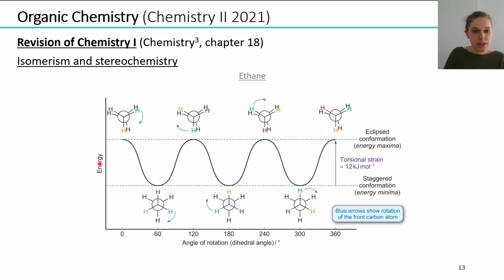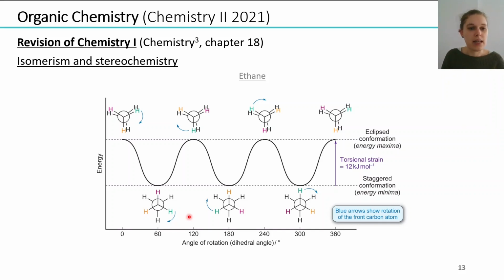We have again ethane as example, we start with the eclipsed conformation, where we have all hydrogen atoms as close as possible to each other, so we know this is not energetically preferred. Then we can go to the next conformation, the staggered conformation, where we have a dihedral angle of 60 degrees.